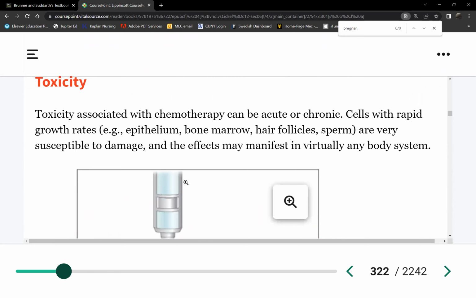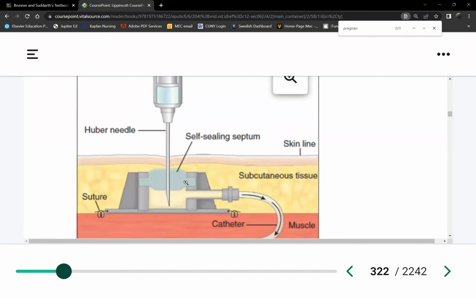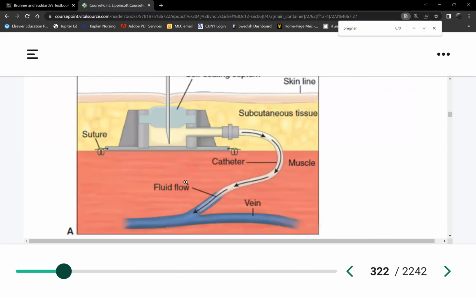Let's review dressing change because that's how you prevent infection in central lines. What type of dressing do we use? Do we use gauze or clear dressing? Okay, you can use either, but how often do we change? If we use gauze, 48 hours.